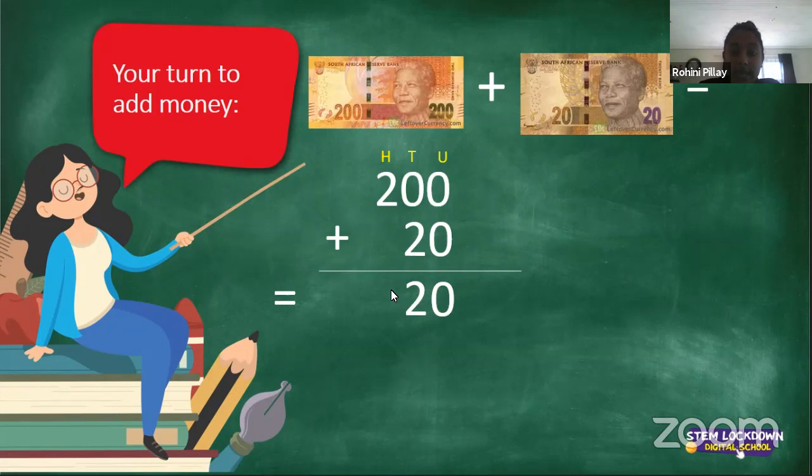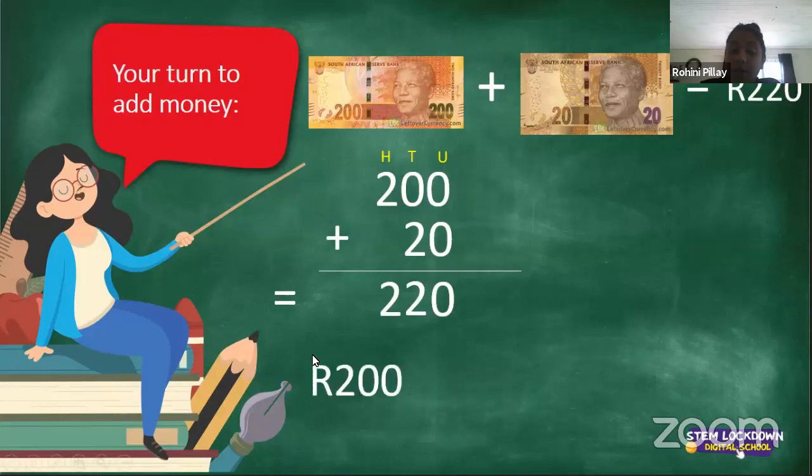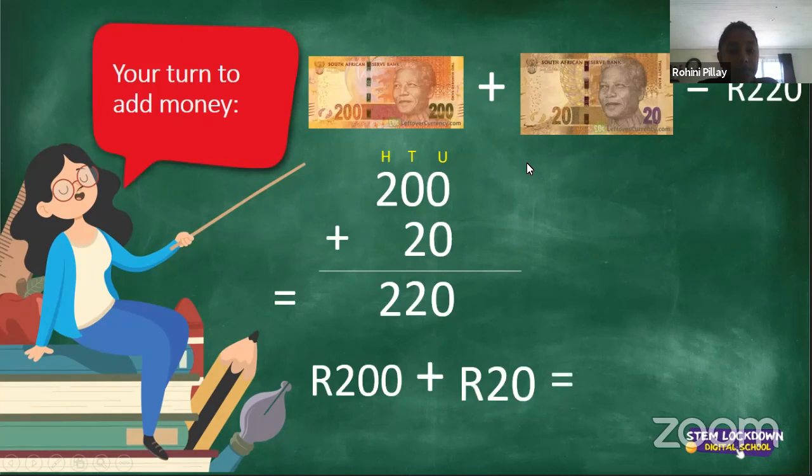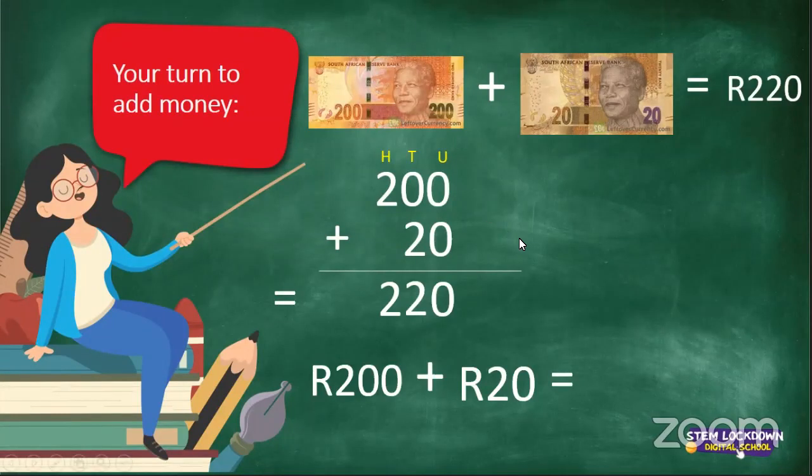How do we write this as a money sum? 200 rand, don't forget the capital R for rand, plus 20 rand equals what? What is the answer? 220 rand. Well done.